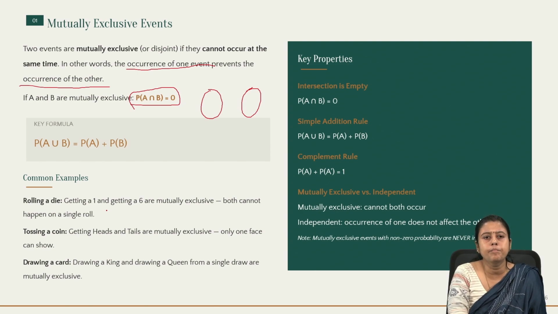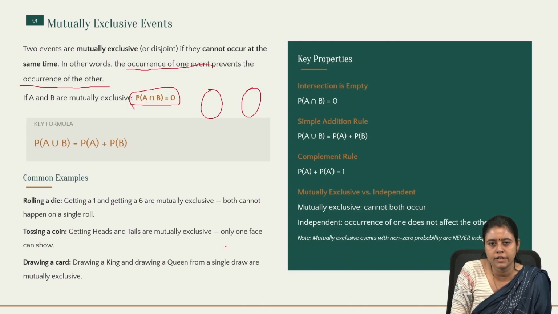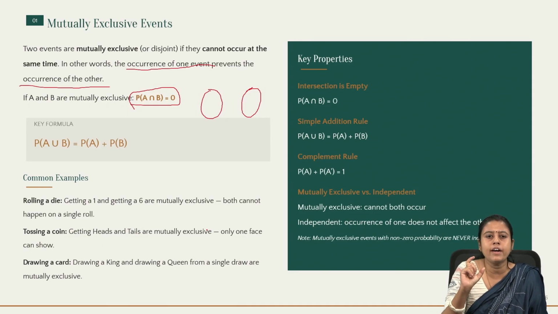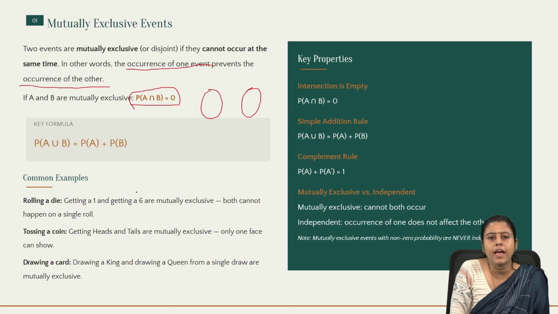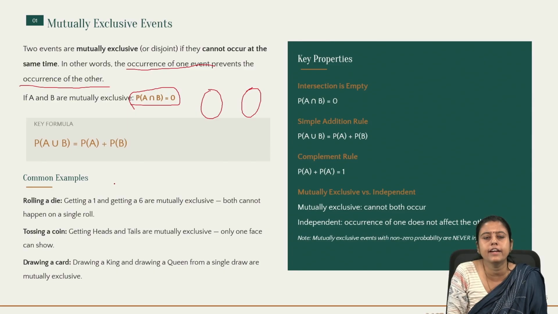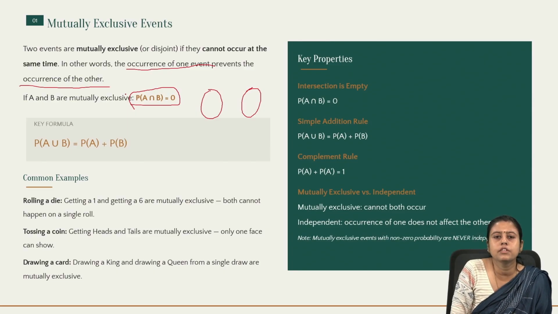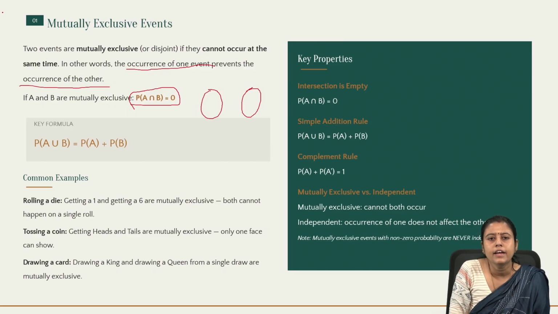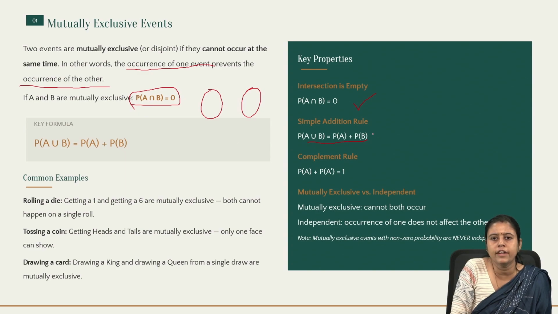One example: getting 1 and getting 6 are mutually exclusive events. Say I have one die, I roll it and check. At the same time I will not get both 1 and 6. So they are mutually exclusive events, and the intersection is empty.